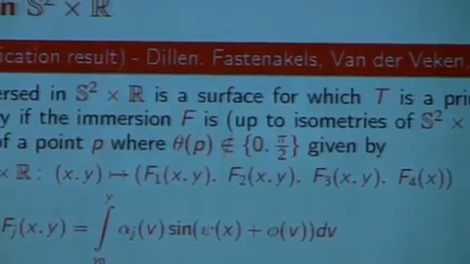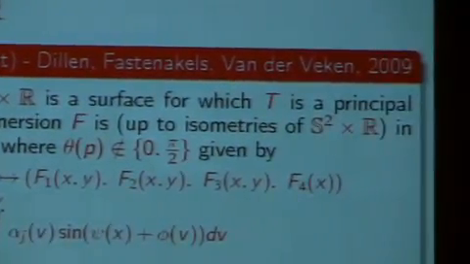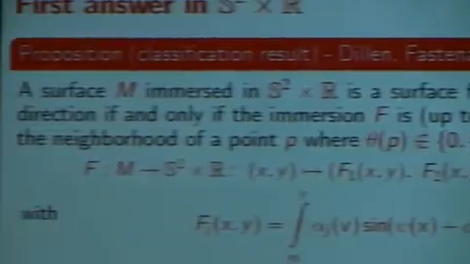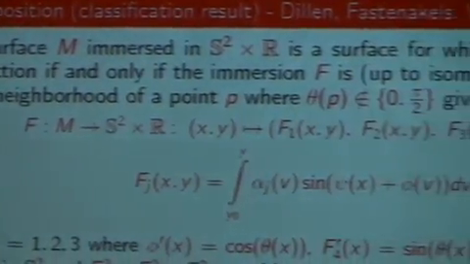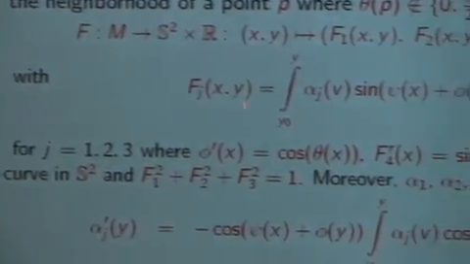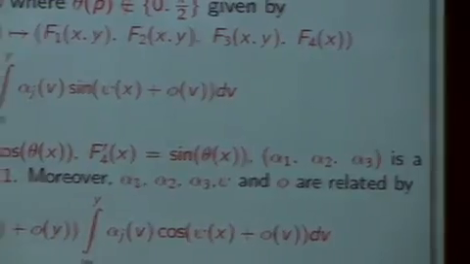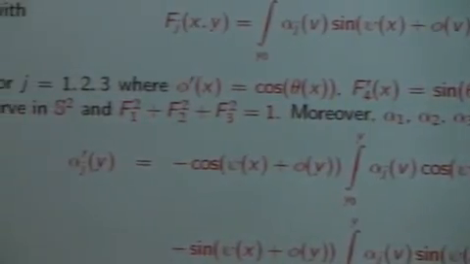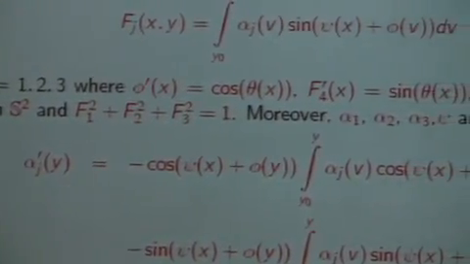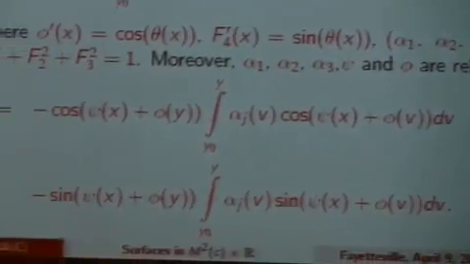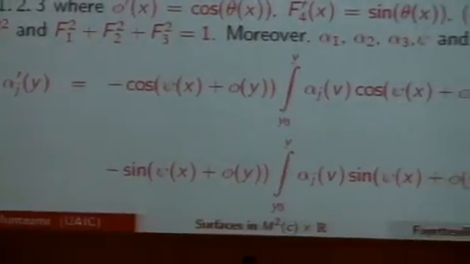So we have 4 components. The last one is the integral of sine of theta, and the other 3 components are given by this relation. And this function here has this quite complicated expression. So let me pass to the other ambient to give more details in H2 cross R.